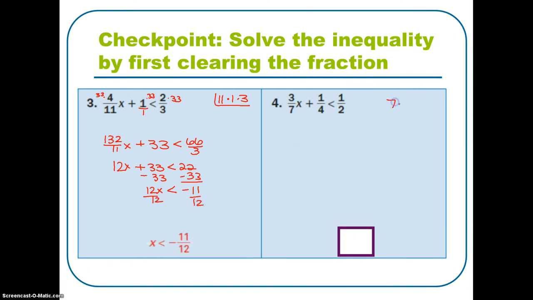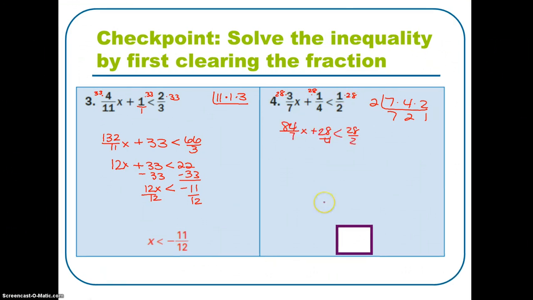For number 4, 7, 4, and 2, well, we can divide out a 2. And then we do the LCD, which is 28. Multiply all these numbers by 28.